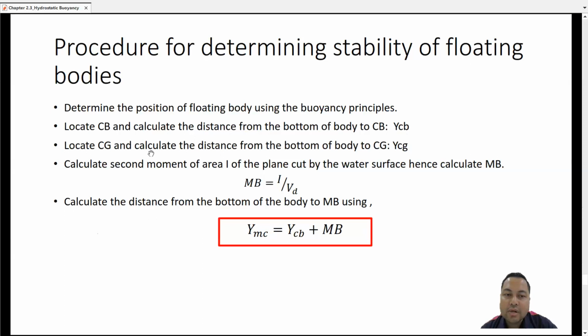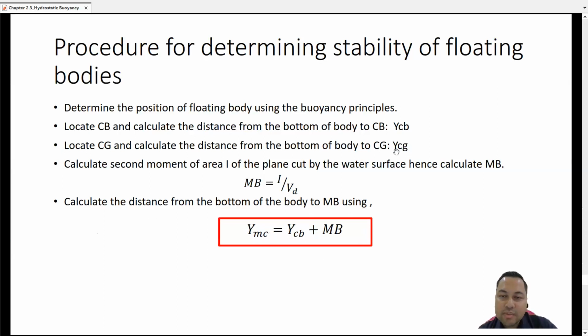Locate the center of gravity and calculate the distance from the bottom of the body to CG, which is known as YCG. Calculate the second moment of area I of the plane cut by the water surface, hence calculate the MB. Calculate the distance from the bottom of the body to the metacenter using this equation to determine the value for YMC.